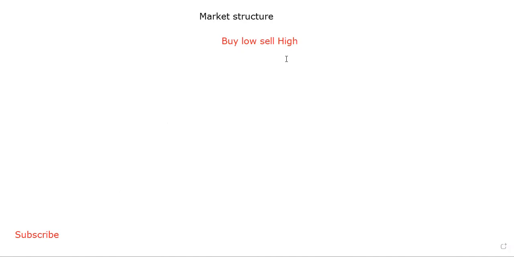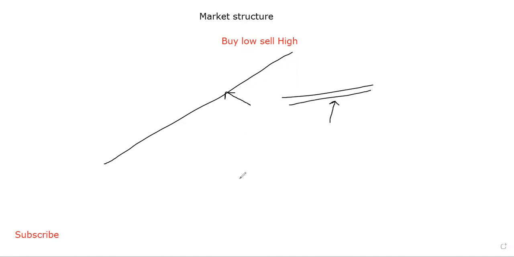To identify these highs and lows, we have tools that we use. We have something called the trend line. I guess you all know that. So that's a trend line. We also have supply and demand.